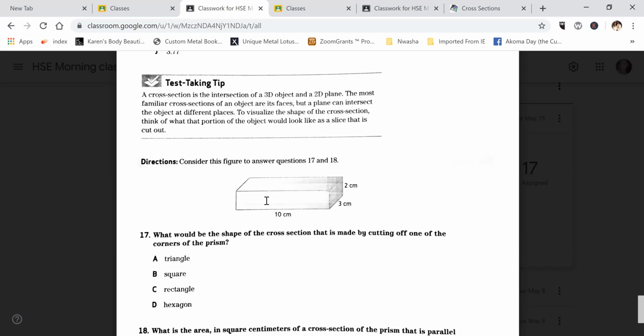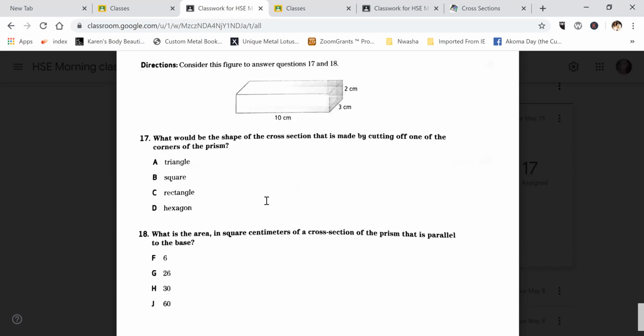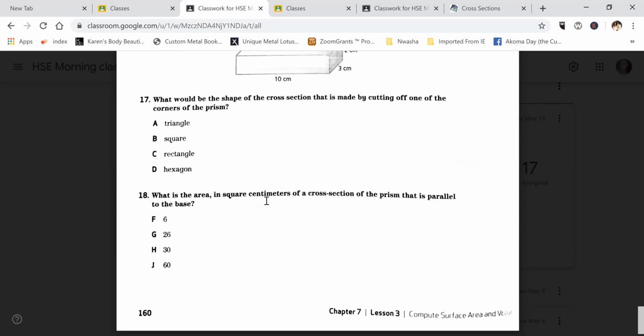So now last one. What is the area in square centimeters of a cross section of the prism that is parallel to the base? So these are coming back to the beginning words that we used in geometry.